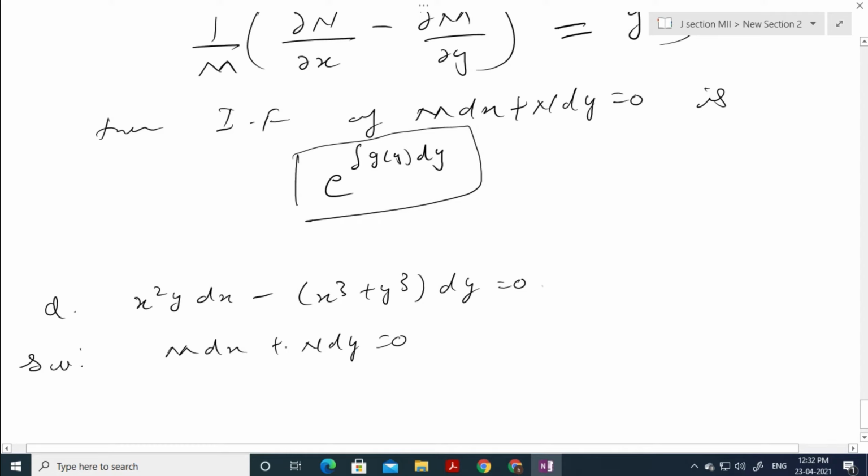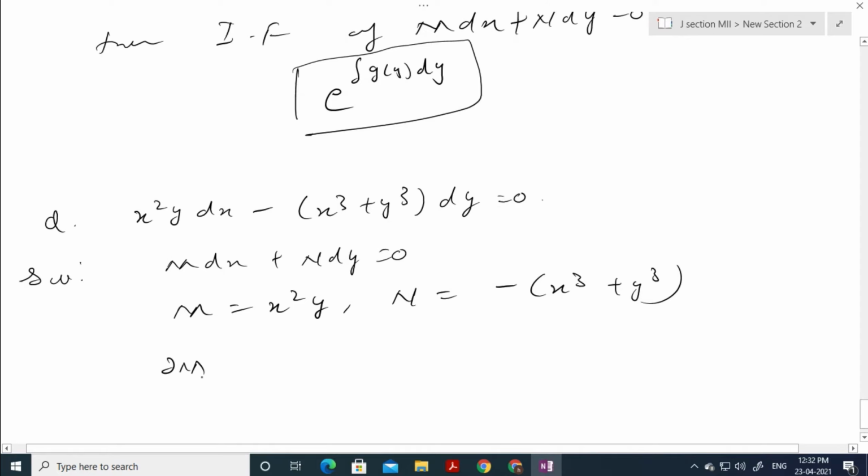It is of the form M dx plus N dy, where M is x square y and N is minus (x cube plus y cube). When you calculate dou M by dou y, though we know by looking at the question itself that this is not exact, dou M by dou y will be x square, whereas dou N by dou x, with respect to x, will be minus 3x square.